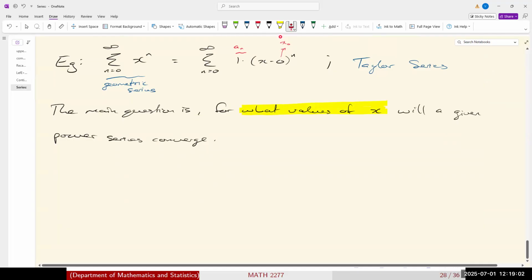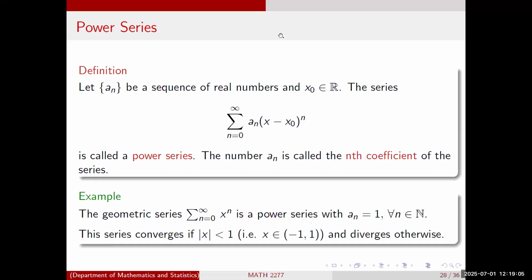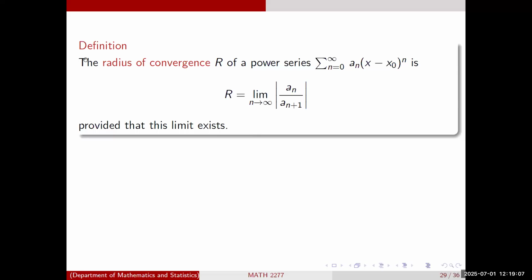And when a power series converges, it converges very nicely. It converges in a radius, something called the radius of convergence. So when dealing with a power series, the first thing you should do is find this number, the radius of convergence, R. Notice we don't do anything with the x's.